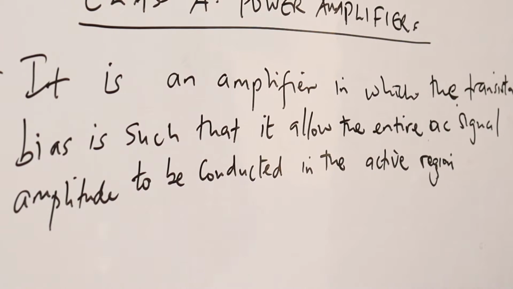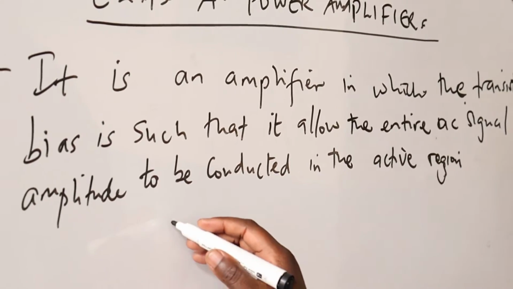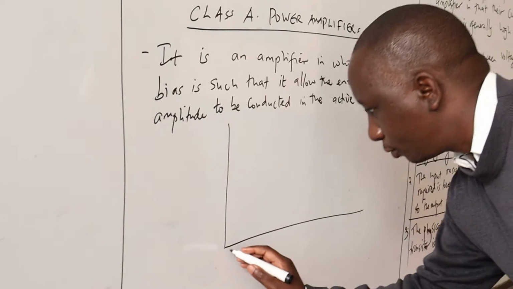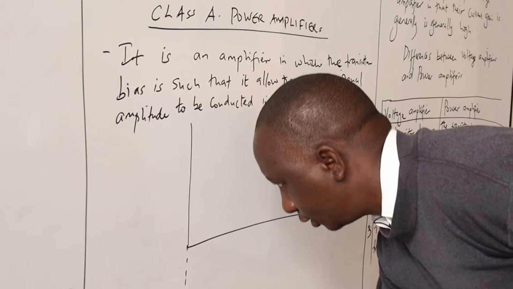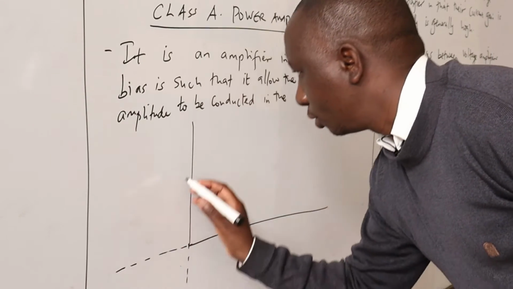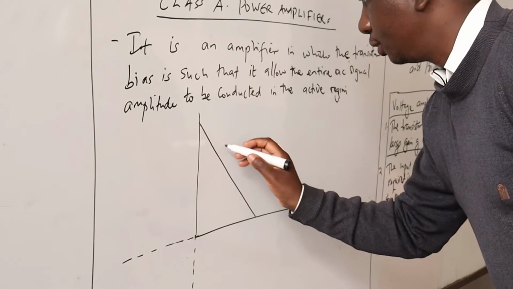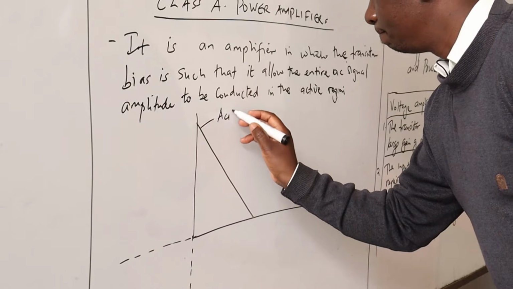We can have a sketch of this. So if this is our DC, this is the active region.